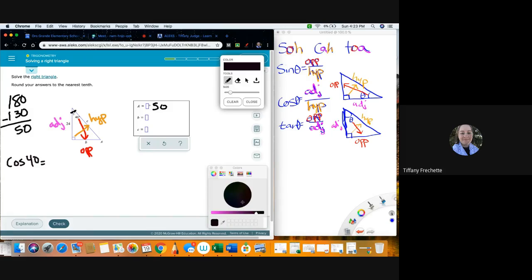Equals, so cosine is adjacent, which is 24, over hypotenuse, which is c. So same thing as the last one. We multiply, and then we divide by cosine of 40. So we have this little two-step process here. So we have c equals, and we're going to grab our calculator here.